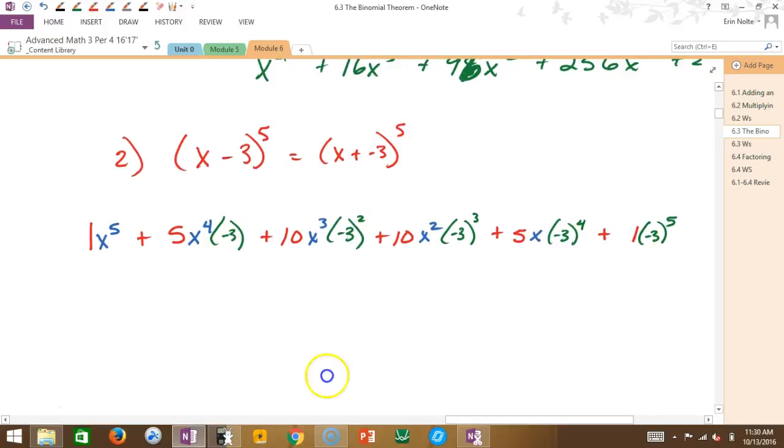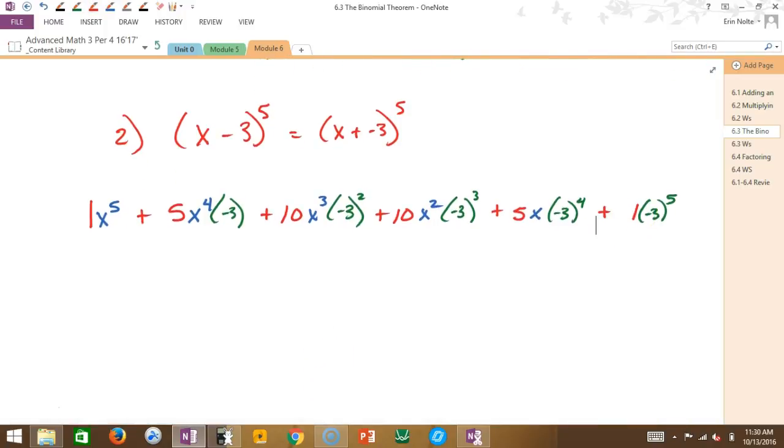All right, here comes the part where we simplify. First term, x to the 5th, that's the easy one. On the second term, I have 15 times negative 3. So what happens when I have 15 times negative 3? Negative 15. So can I go ahead and say minus 15 instead?